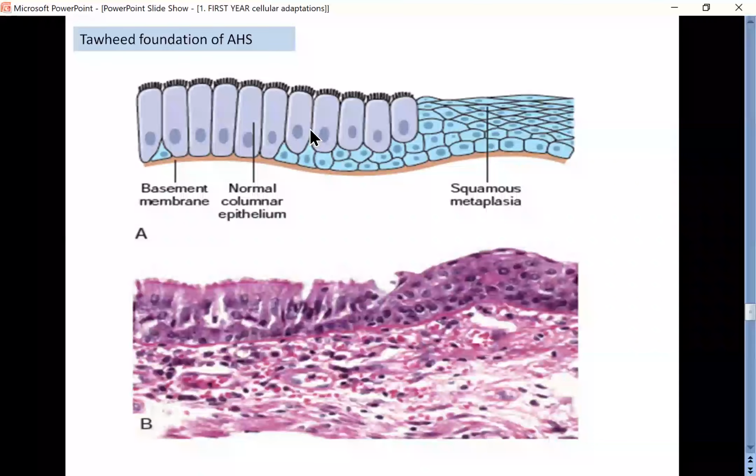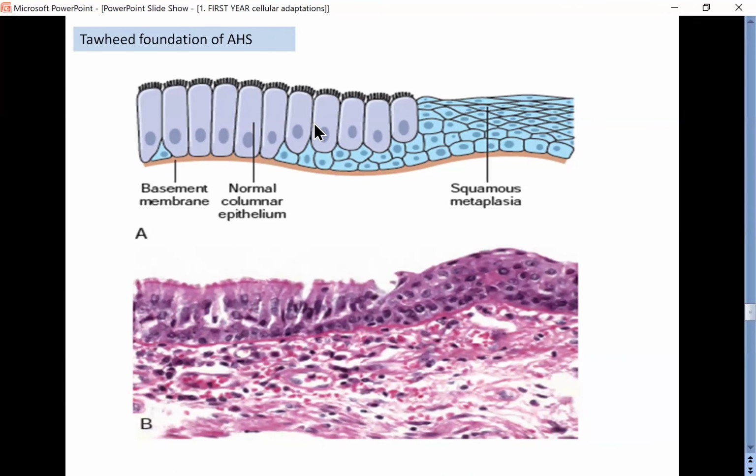When the cell is exposed to cigarette smoke, which contains a lot of chemicals and carcinogens, the cell will try to adapt to that kind of stress, to the chronic irritation.